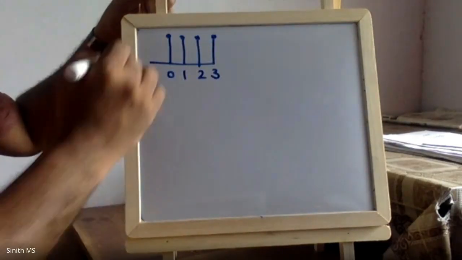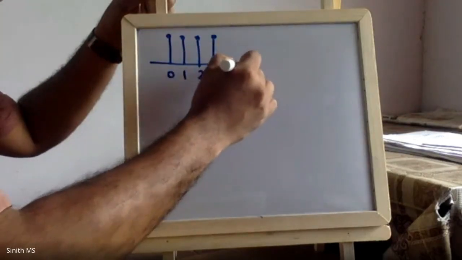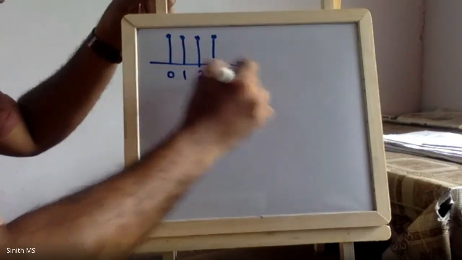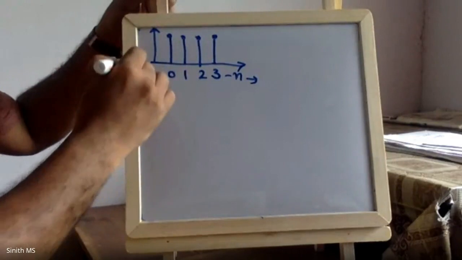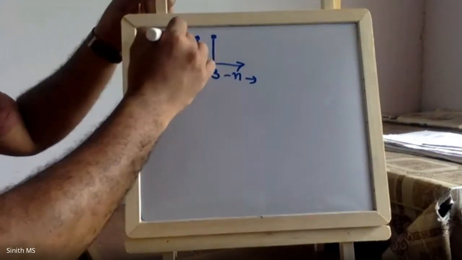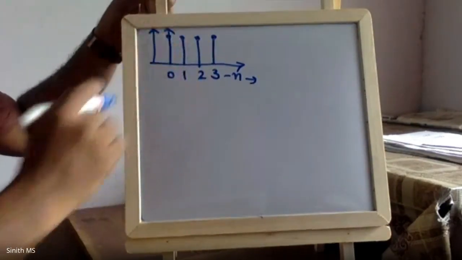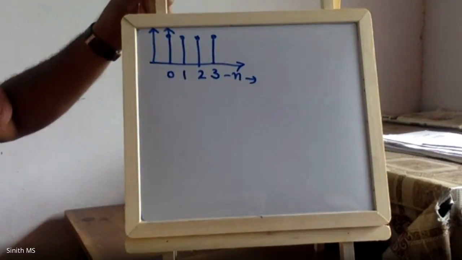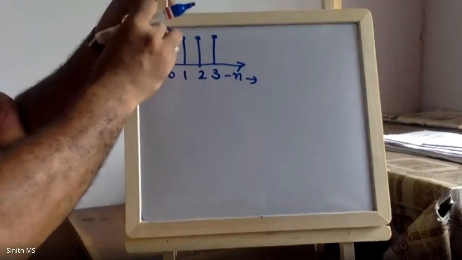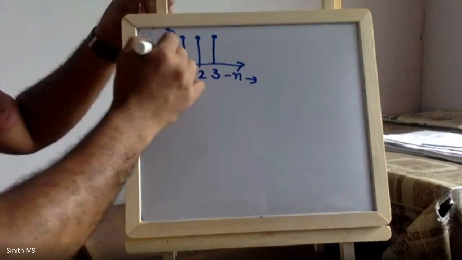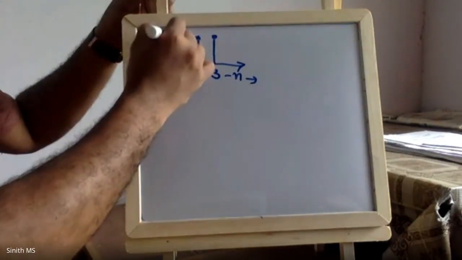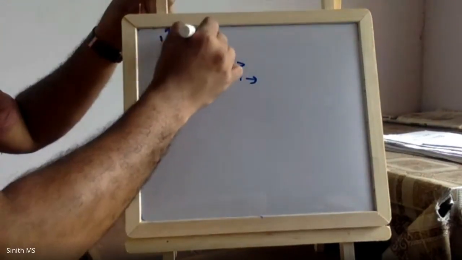This is n. This is the magnitude, basically the y-axis. Suppose you have a magnitude of 1.